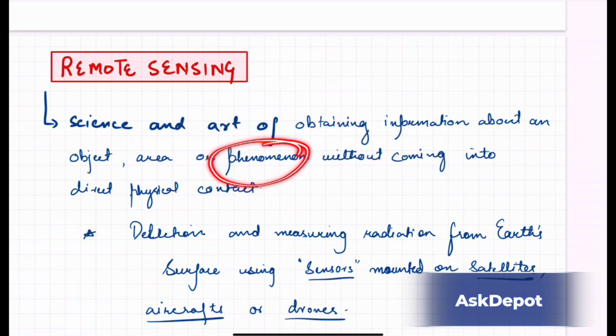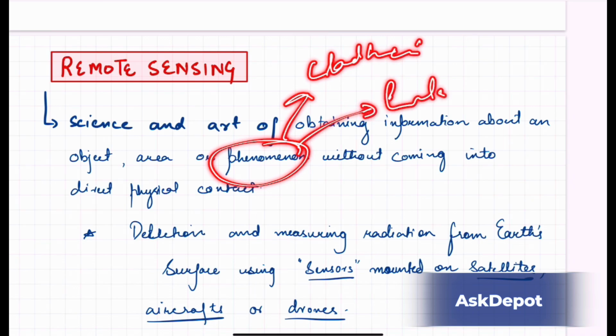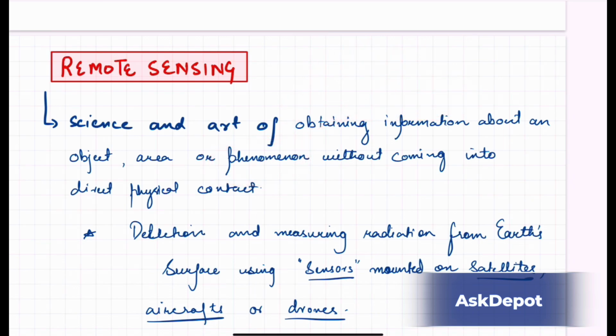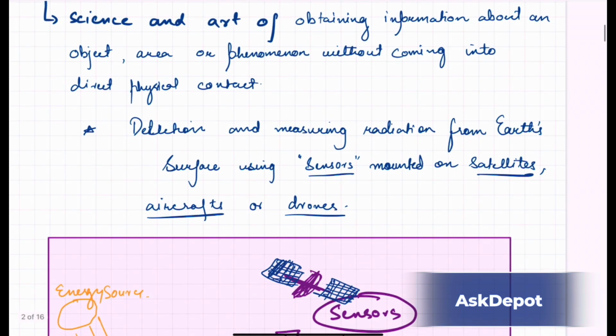Or any phenomenon, for example, a cloud burst or a landslide. And remote sensing means you are sensing the information remotely from another place, without coming in direct physical contact. So how does this happen?